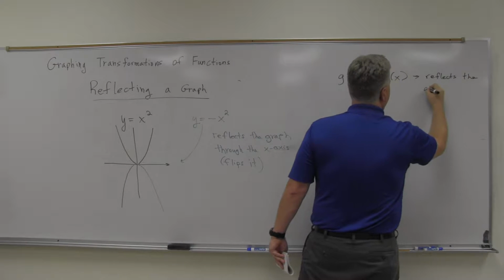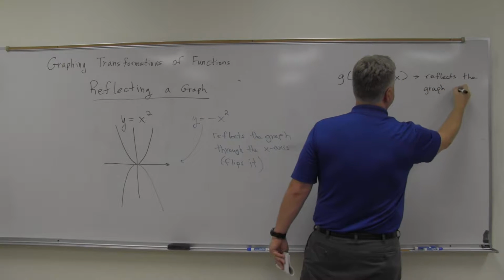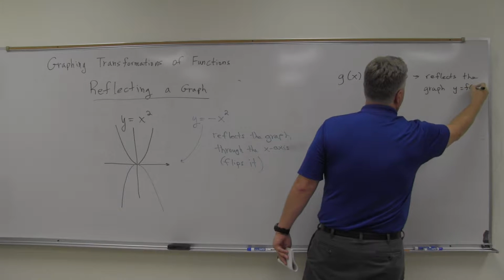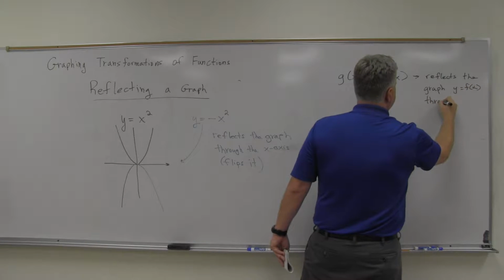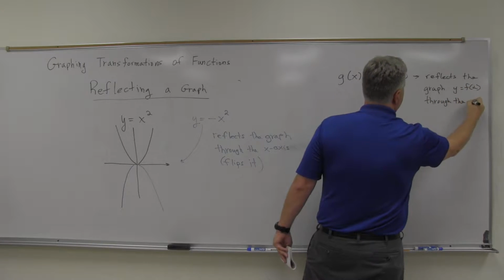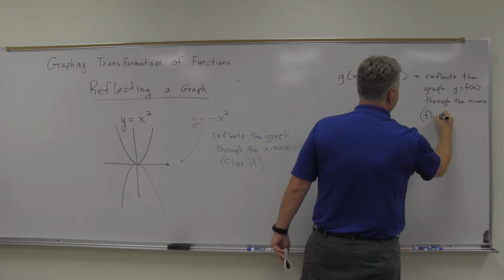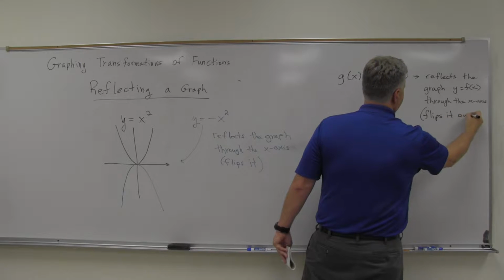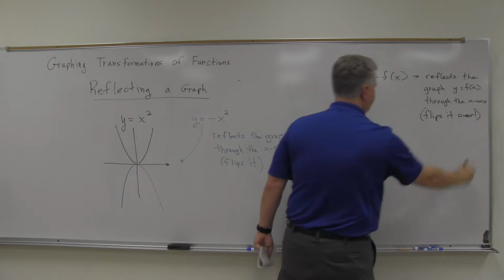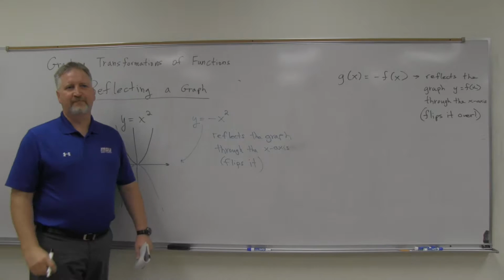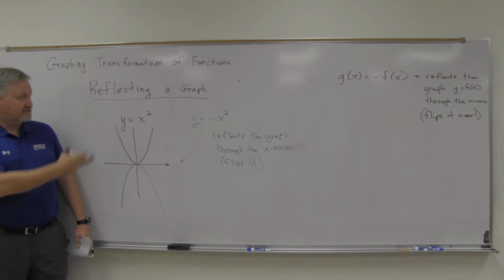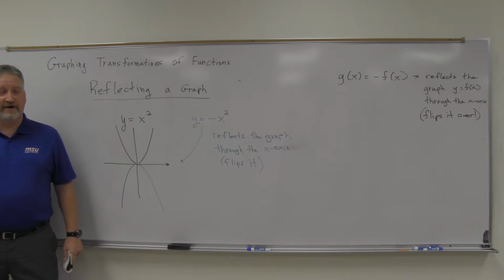So that reflects the graph of y equals f of x through the x-axis. Flips it over. All right, now that's what it looks like for x squared.